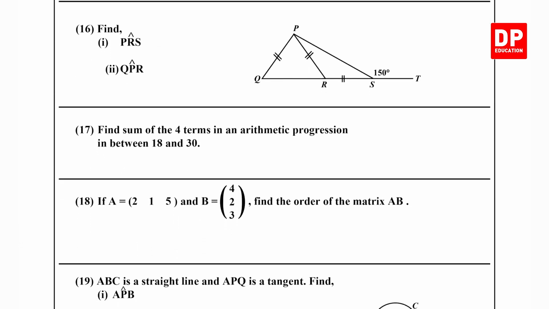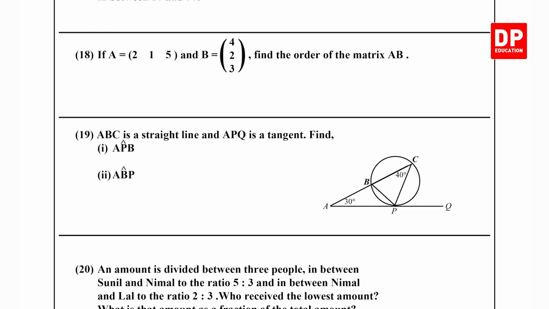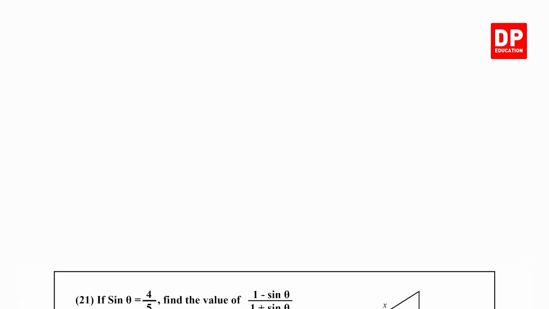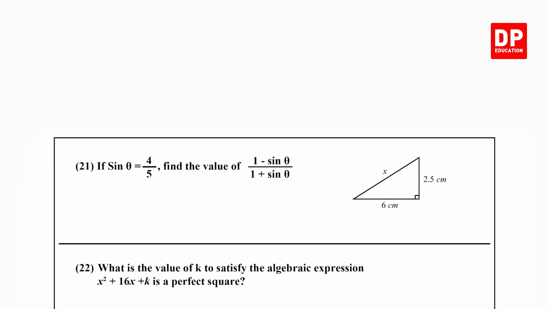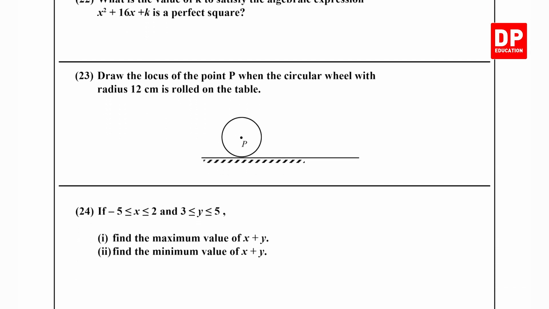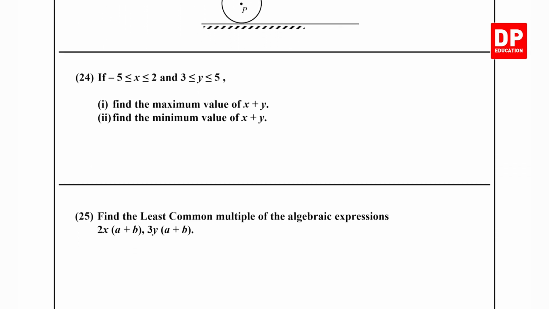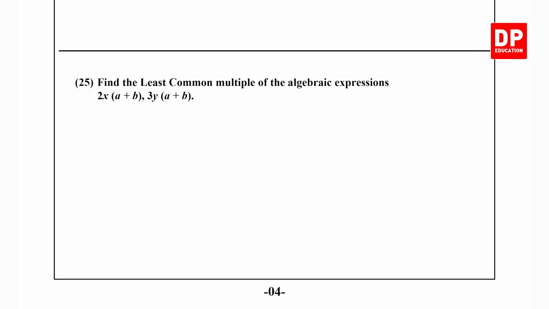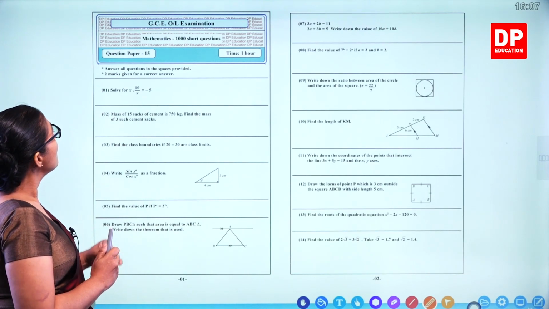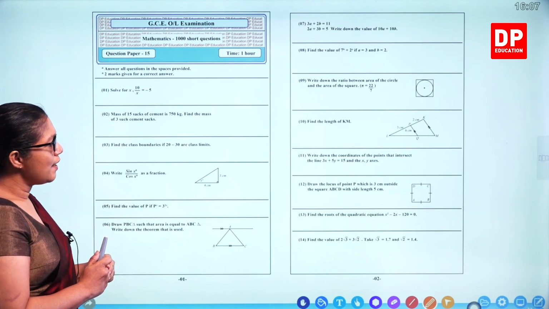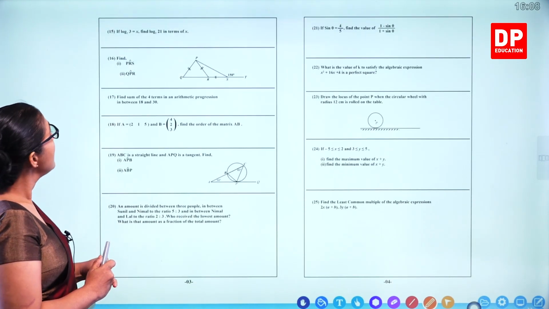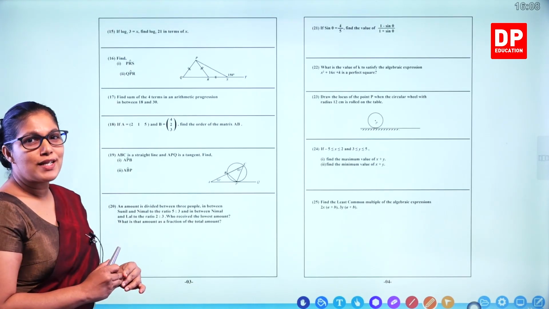And the last page you get questions 21 to 25. So you can try paper 15, 1 to 14 first and then try 15 to 25.